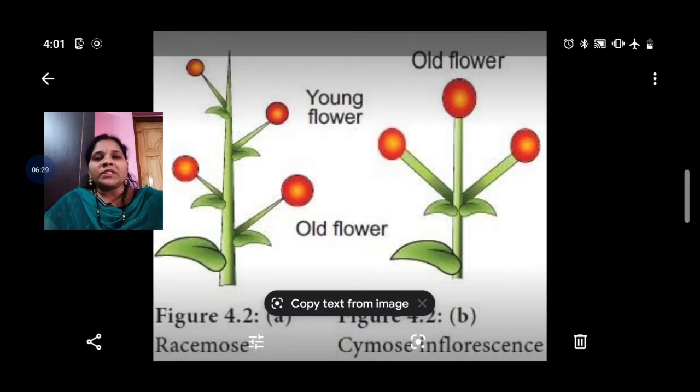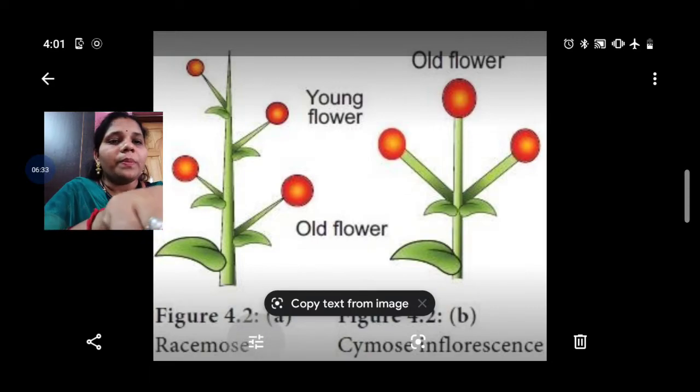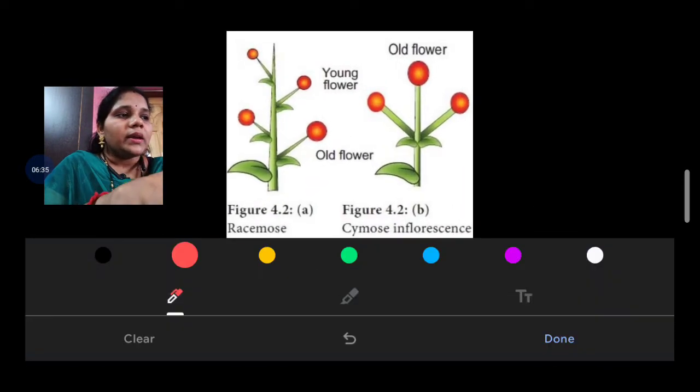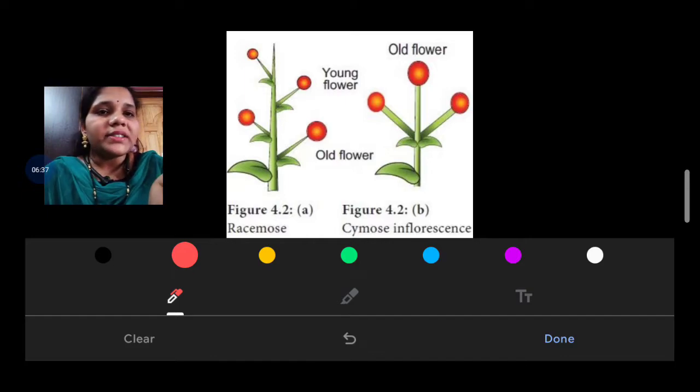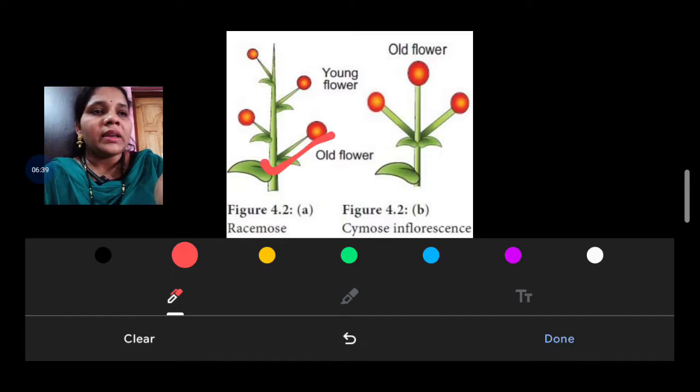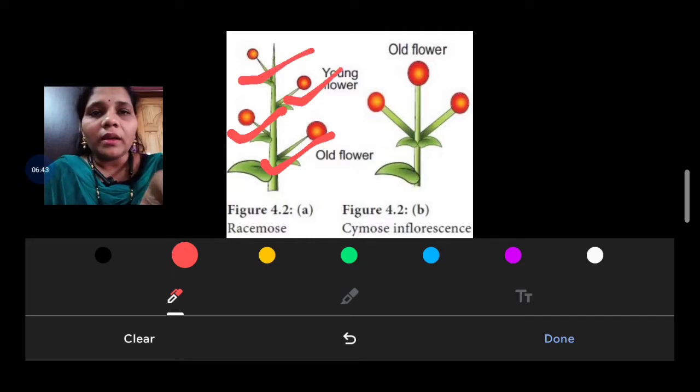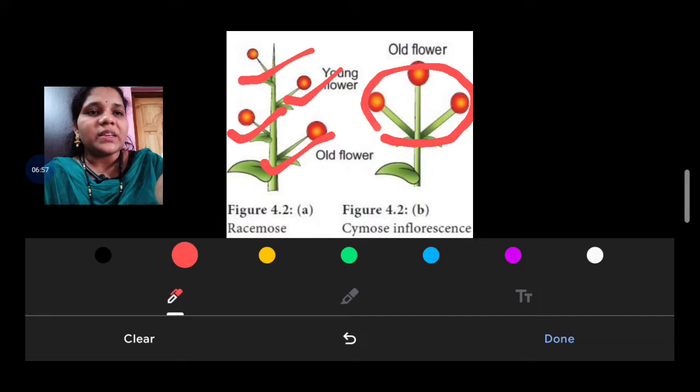In racemose type of inflorescence, the flowers are borne in acropetal succession. Whereas in cymose inflorescence, the flowers arise from the base, which is known as basipetal succession.